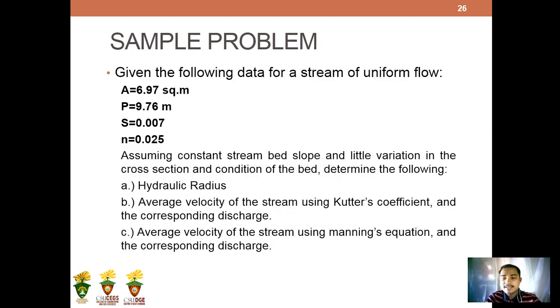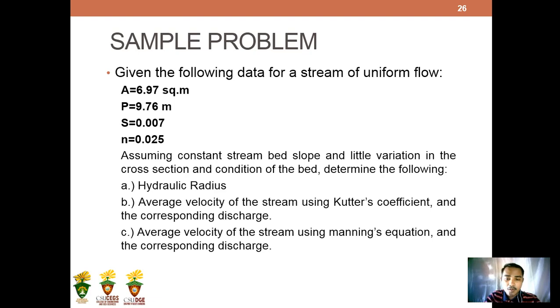Alright, so let's have a sample problem for this one. Given the following data of a stream of uniform flow, we have area equal to 6.97 square meter, and P, the wetted perimeter, which is 9.76 meters, and S, the longitudinal slope, to be 0.007, and the roughness coefficient to be 0.025.